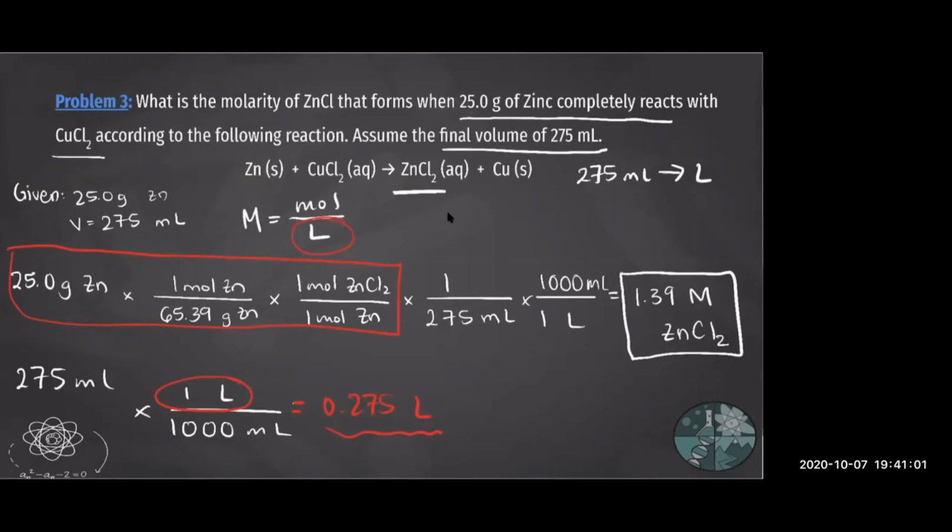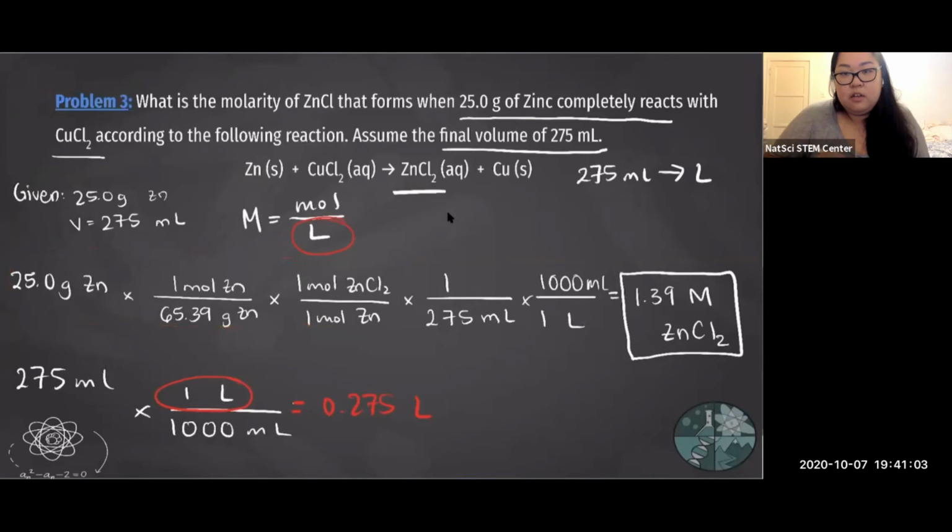The difference between what you could have done versus mine is I did mine in one line like this versus breaking it into 2 parts and then plugging it into a formula.